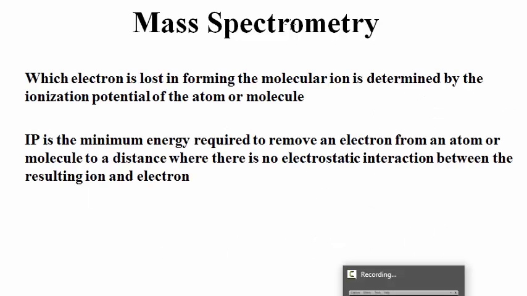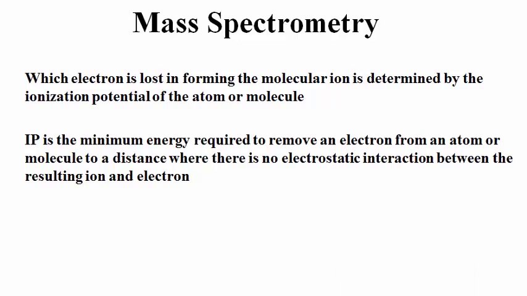Which electron is lost in forming the molecular ion is determined by the ionization potential, or IP, of the atom or molecule. The ionization potential is the minimum energy required to remove an electron from an atom or a molecule to a distance where there's no electrostatic interaction between the ion and the electron, so it's completely separated.